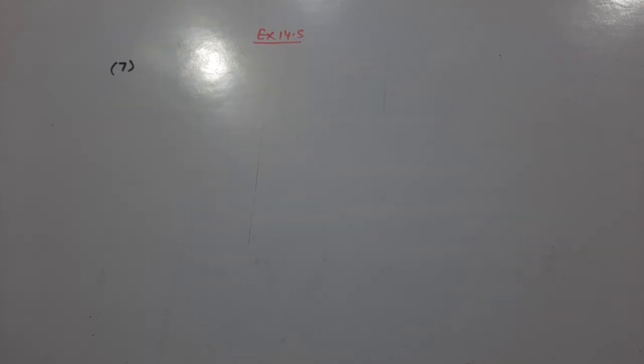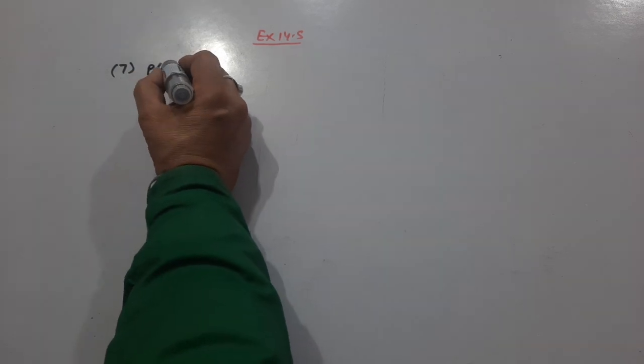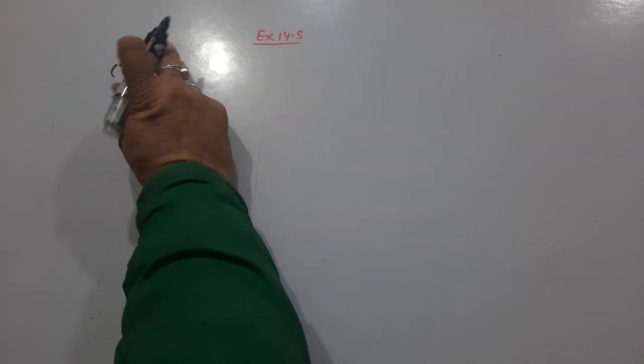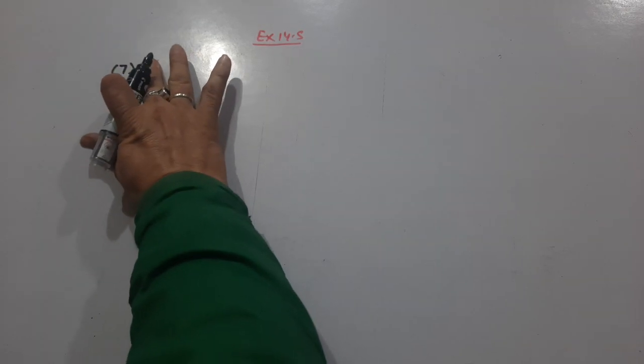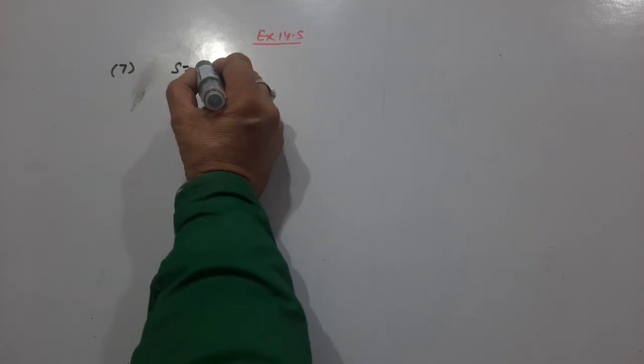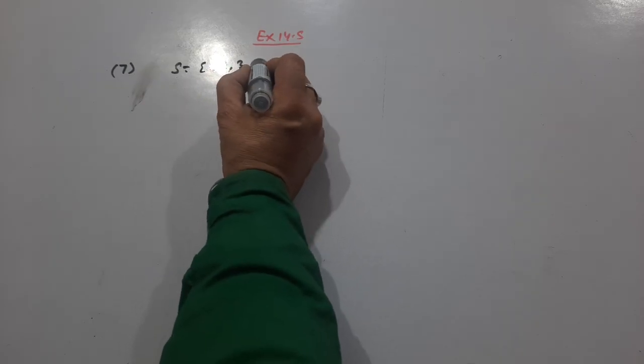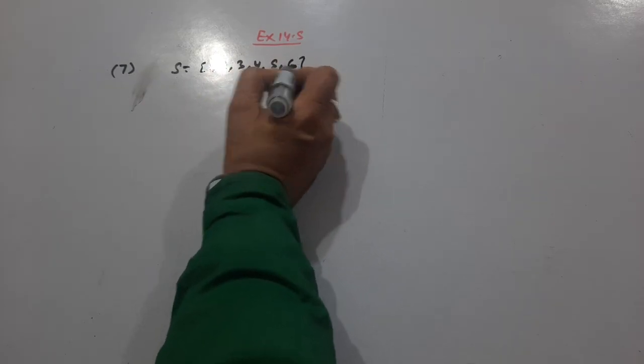Now the seventh: a die is thrown. Find the probability of getting a number which is a multiple of 2 or 3. First of all, when a die is thrown, the sample space is 1, 2, 3, 4, 5, 6.